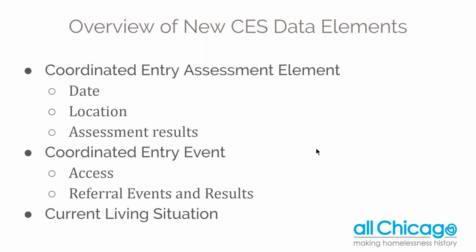They may be couch surfing, and this current living situation is going to be a way to better identify those folks that are unsheltered, but don't access any emergency beds in the system, etc. So current living situation will really help those service-only projects keep better track of what their clients' living situations are as they update their cases.